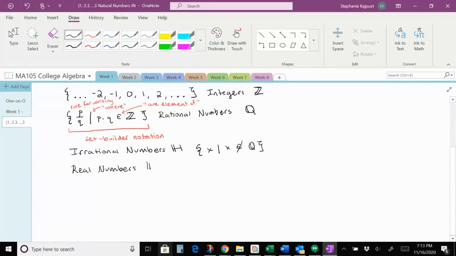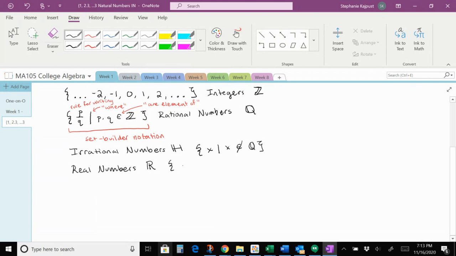And for real numbers, we use an R for real. And since that's basically what we work with in life is real numbers, whole numbers, decimals, fractions, square roots. That's what pops up a lot when you're solving. It's mostly real numbers when you solve.